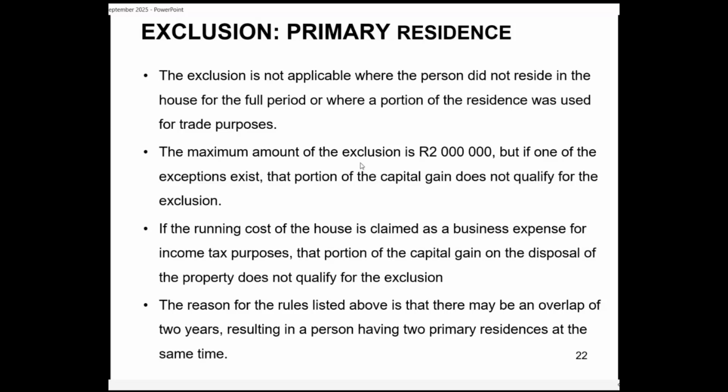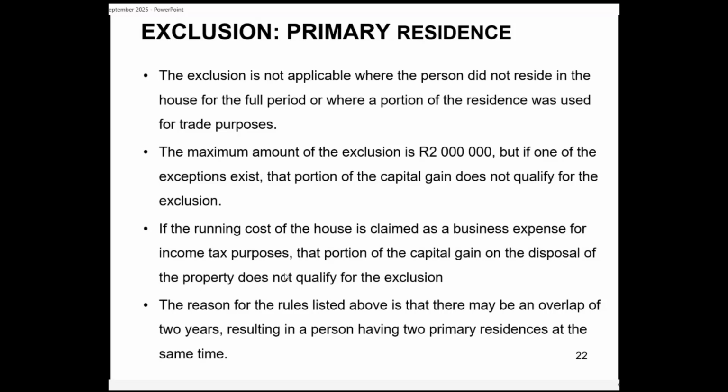So the maximum amount of exclusion is 2 million, but if one of the exceptions exists, that portion of capital gain does not qualify for the exclusion. Remember that the maximum is 2 million. So if the running cost of the house is claimed as business expenses under section 11A for income tax purposes, that portion of capital gain on disposal does not qualify for exclusion.